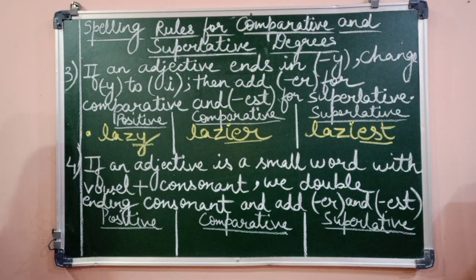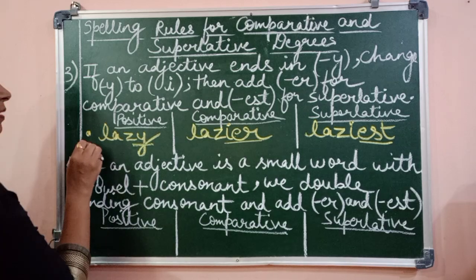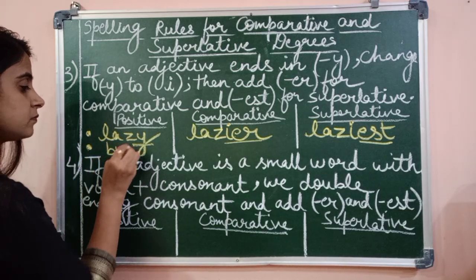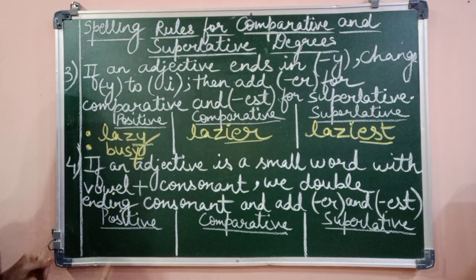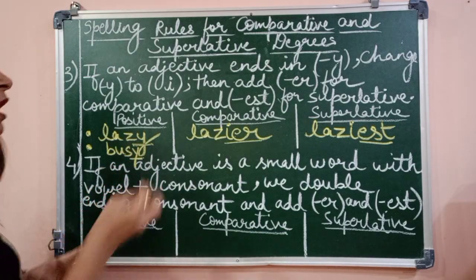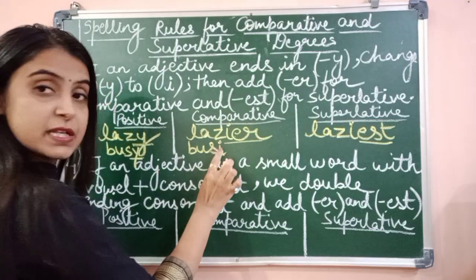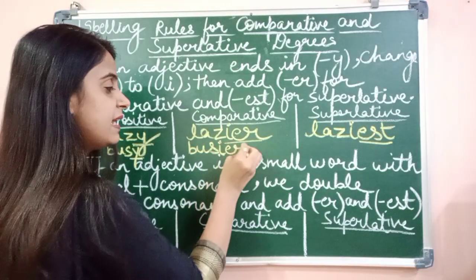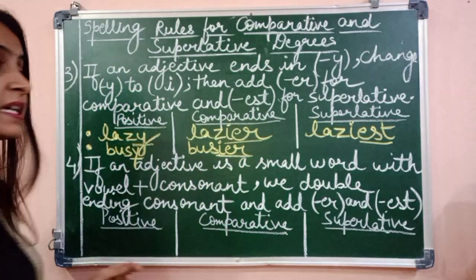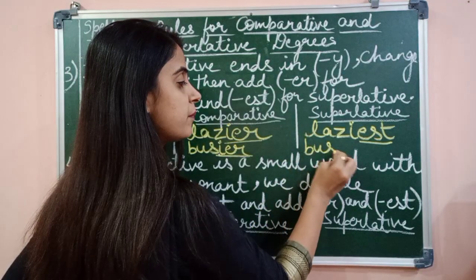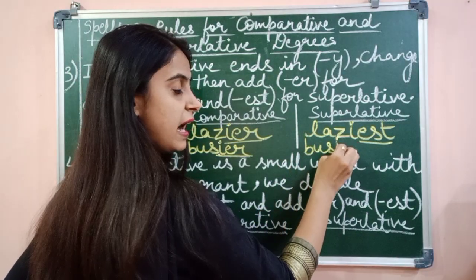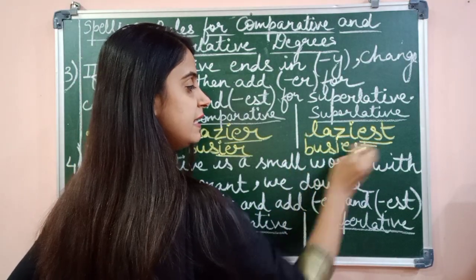Now let us think of one more adjective which ends in Y, for example, busy. Busy, as in B. For comparative, we need to put I in place of Y and add ER. And here we need to put I instead of Y and add EST.